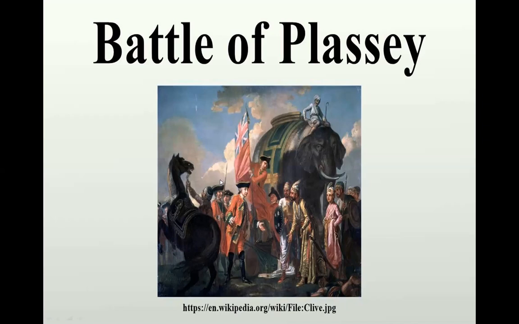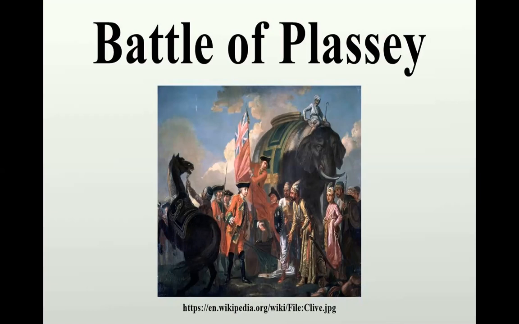The Battle of Plassey was fought between the Nawab of Bengal, Siraj-ud-Daula, and the East India Company. In this part, you will be able to list the factors that led to the Battle of Plassey and the reason for the defeat of Siraj-ud-Daula.